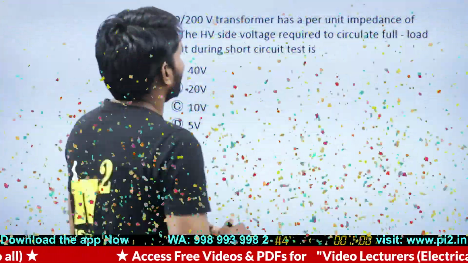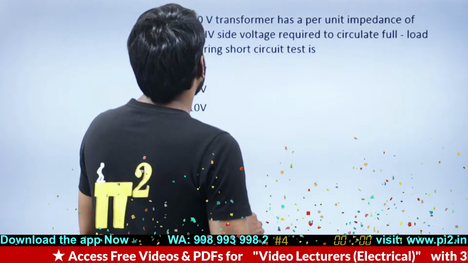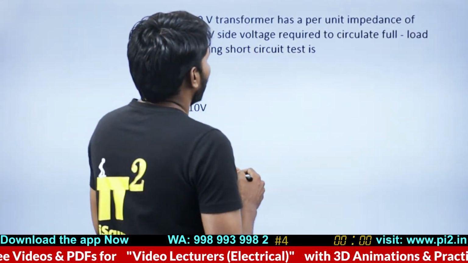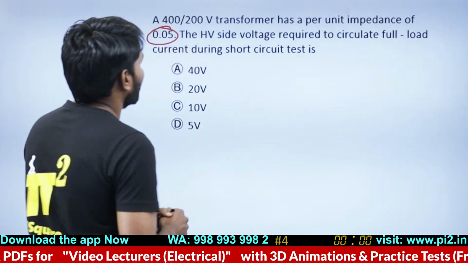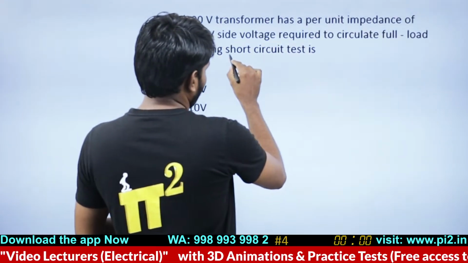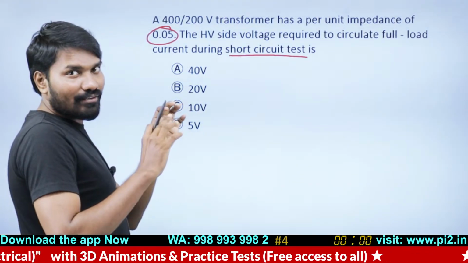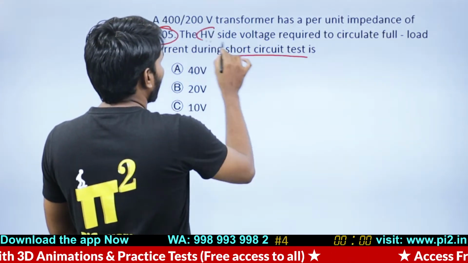The question asks for the high voltage side voltage required to circulate full load current, meaning when you are conducting the short circuit test. When you are conducting the short circuit test, you will be connecting the meters and instruments at the high voltage side.